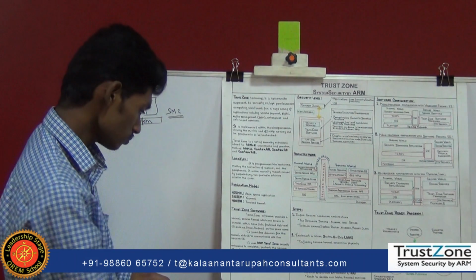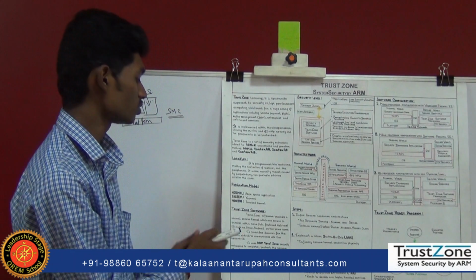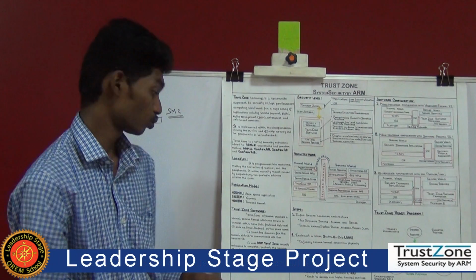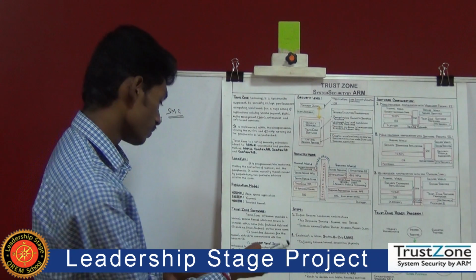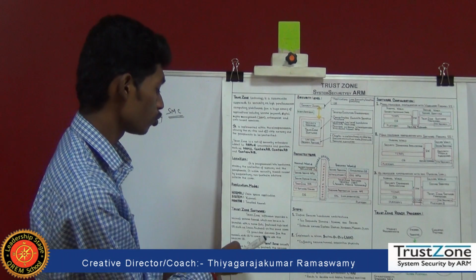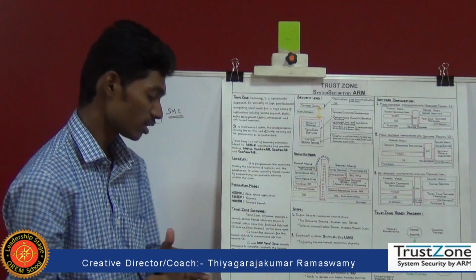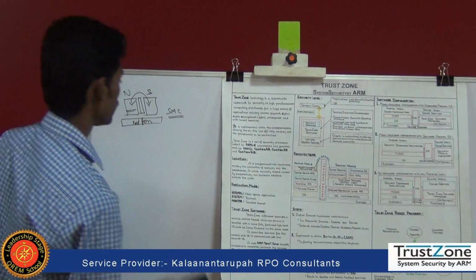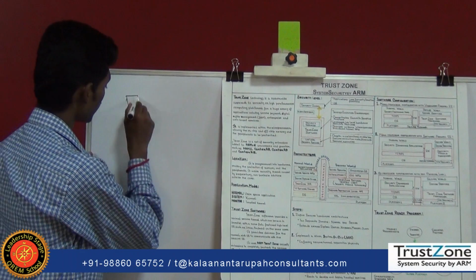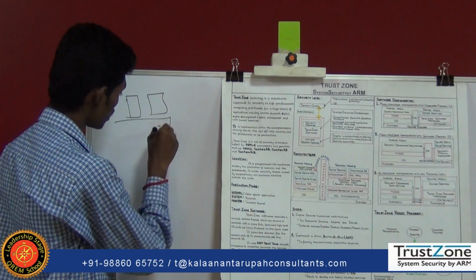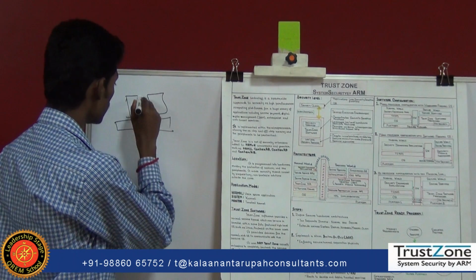Next, Trustzone software uses ARM Trustzone security extensions, which are used to completely protect the secure OS and any secure peripherals from the code running in the normal world. This is the normal and this is the secure, both running on the same core, communicating with each other through a secure channel.